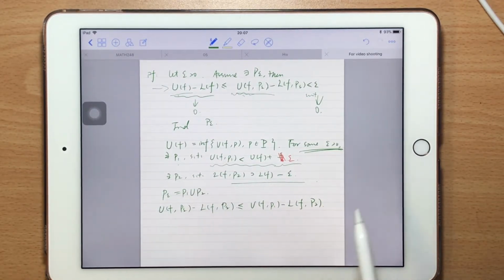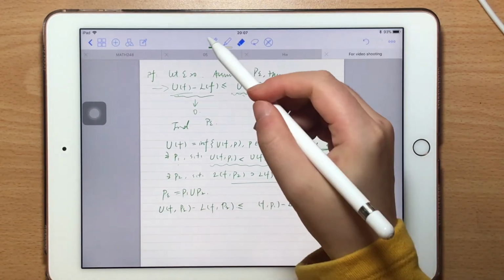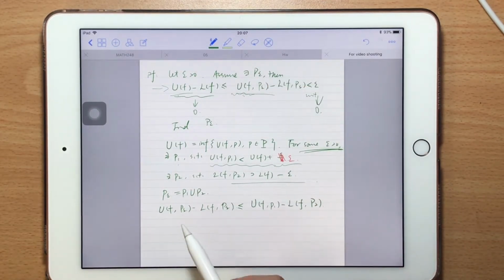Here I also use the lemmas from the last video, because P epsilon is a refinement of P1 and P2, so UF(P epsilon) is smaller than UFP1, right?